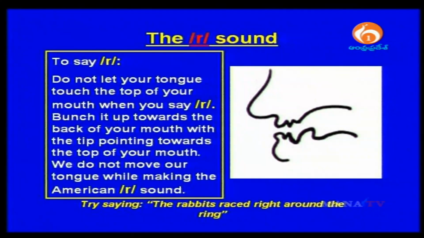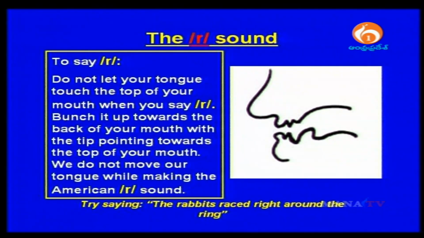If it's an American way, we would take the tongue to touch the roof of the mouth, and then we fold it and we can roll it against the roof of the mouth. Oh yes, you must be wondering, what am I talking about? That's precisely how it's produced. Let's take a word like rabbits.